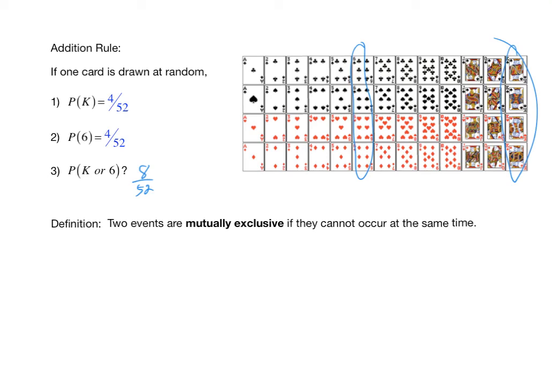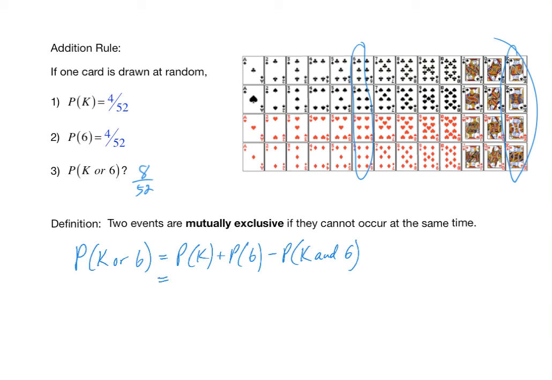But that conjecture did not work in general. So let's see if the actual addition rule does apply here still. According to the addition rule, we have the probability of K or 6 is equal to the probability of K plus the probability of 6 minus the probability of getting K and 6 simultaneously.